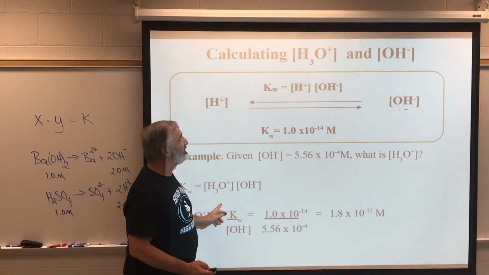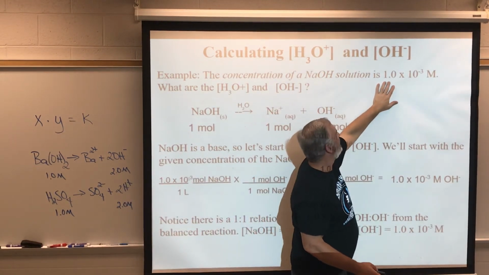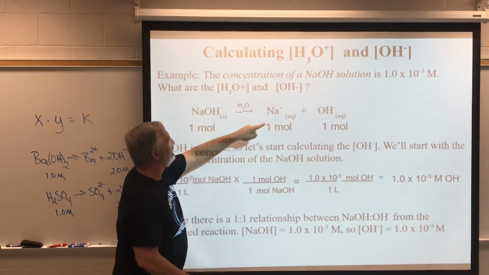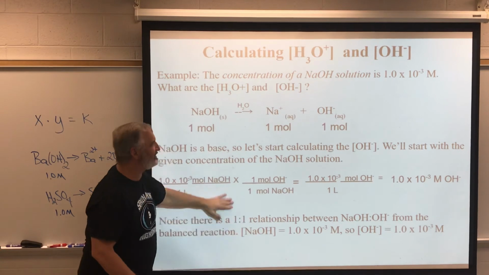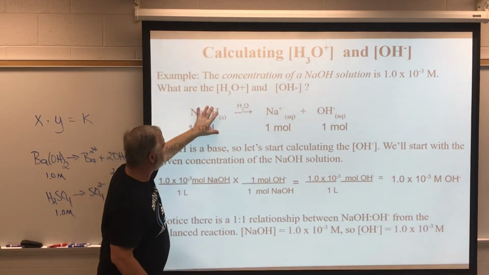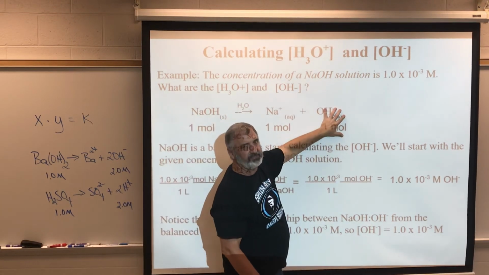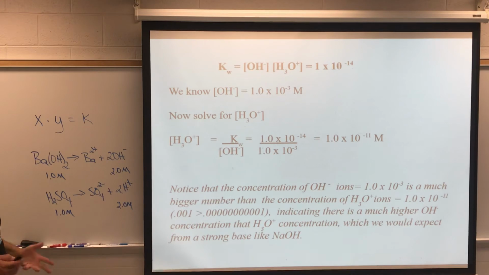Okay? Again, you can do this as a mental step, since we know it's 1 to 1, that the OH minus is there. But this is just working it out in math. This is just kind of explaining the whole relationship there on how to get from concentration of this to the concentration of that. Okay? It's a little overkill. So, just trying to help you out any way we can.